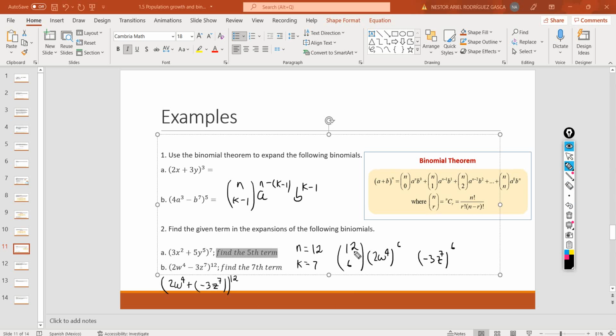Then calculate this number using the calculator or the formula and raise each of these numbers to the respective power, and you're done. That's how you find whatever term you're given using this formula, without expanding the whole binomial, because it would be pointless to get all the terms if you only need one of them.